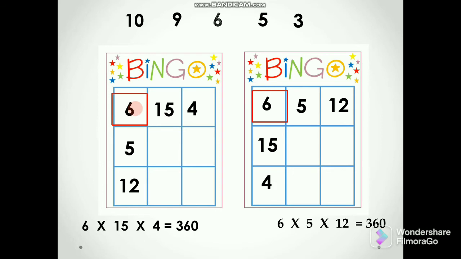So eliminate 15, and then 6, and then 5. So for the given numbers, we only have 10, 9, and 3. But 4 and 12 are not given numbers. So we can assume that 4 and 12 are two missing numbers. So we only have one slot left for our missing numbers.